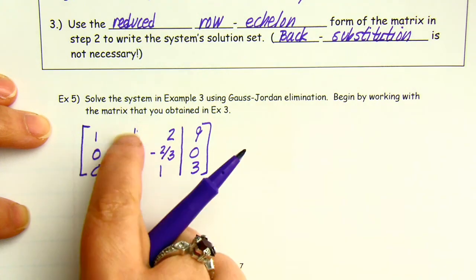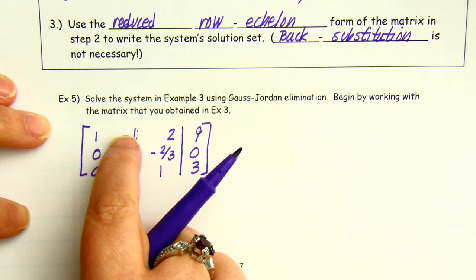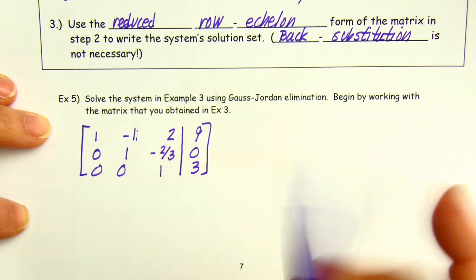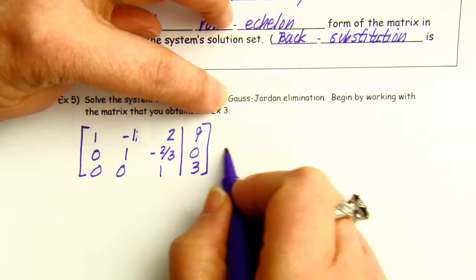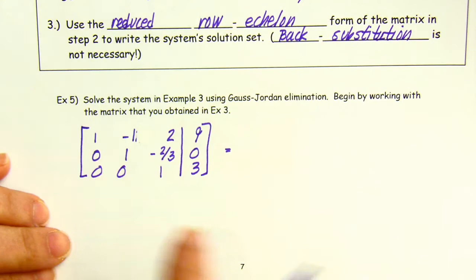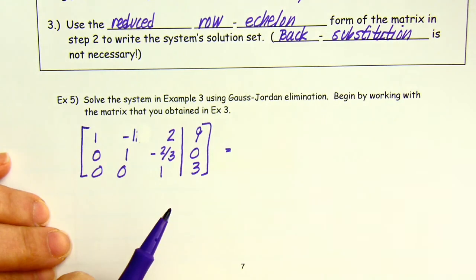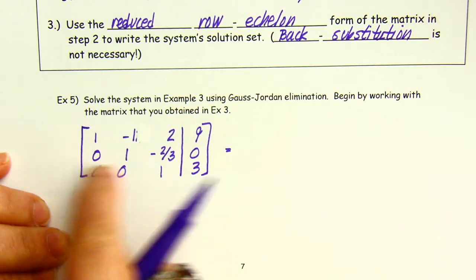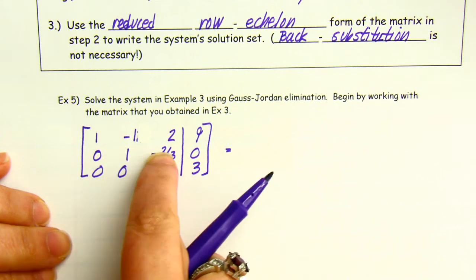Now you want to start by making this entry in the first row, second column a 0. We're working these left to right. You went left to right for the zeros underneath, and then we come back again from left to right to get the zeros above.